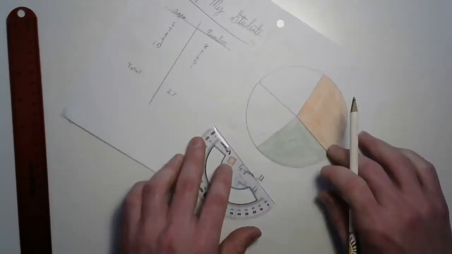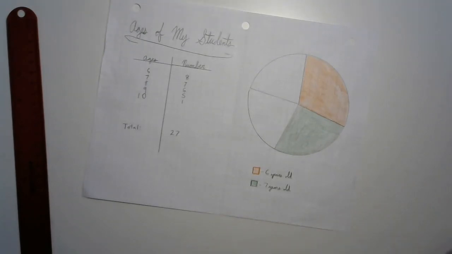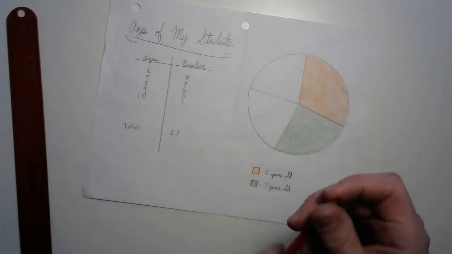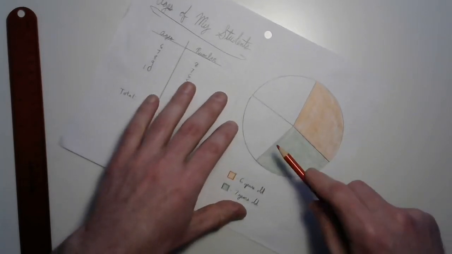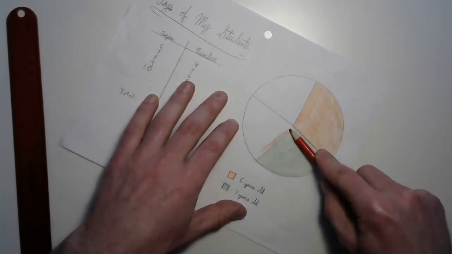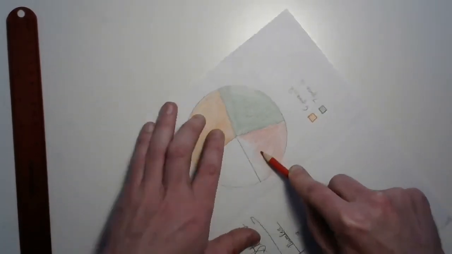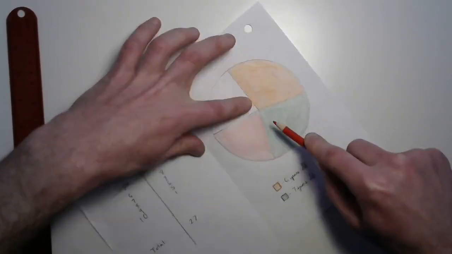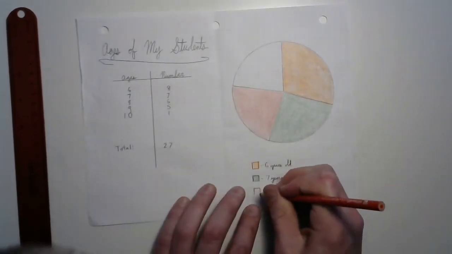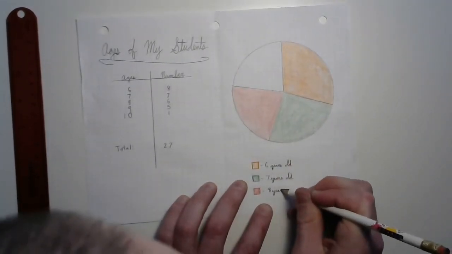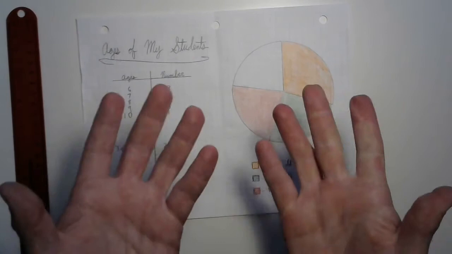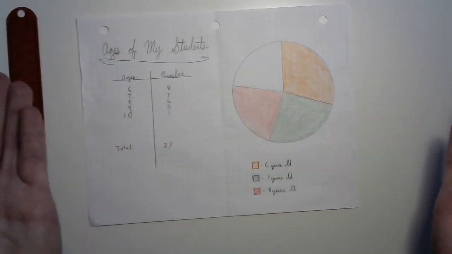And there's our next slice there for our 8-year-olds. Oh, what color are 8-year-olds? Probably red, right? Let's get them colored in and let's get that added to our key. Fantastic. 3 slices and 2 more to go.